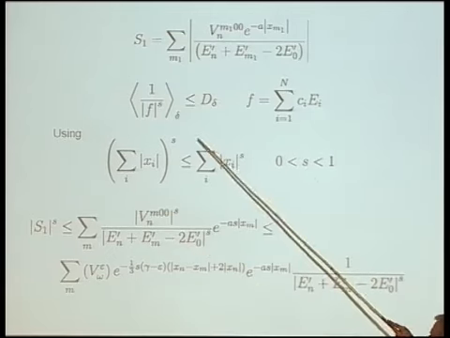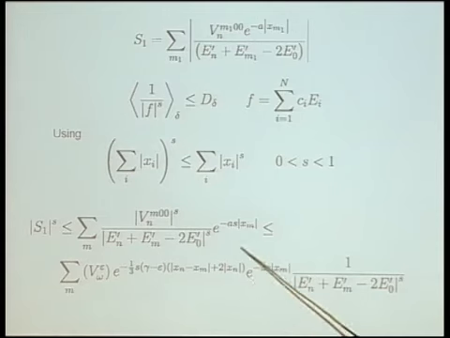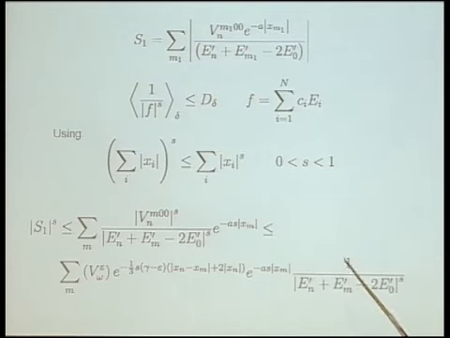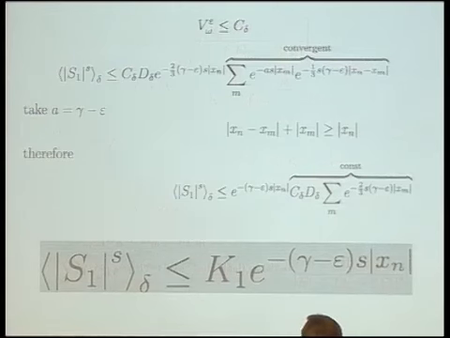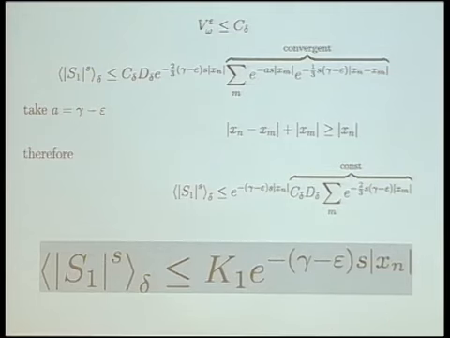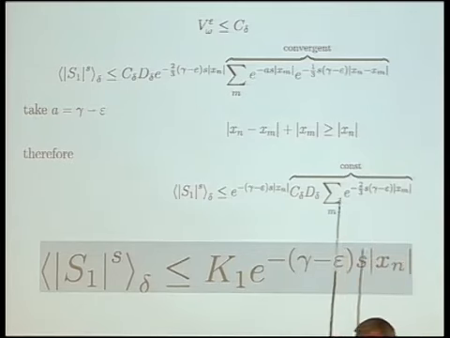Then you have this to the power s, you factor out all this stuff, bound it, and use the average over this quantity that we calculated, and it's finite. In the end, you find that this is bounded roughly by the localization length, but for technical reasons of rigor, you have to subtract an epsilon that takes care of all the deviations from exponentiality.